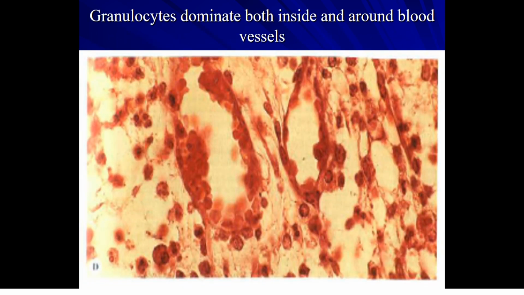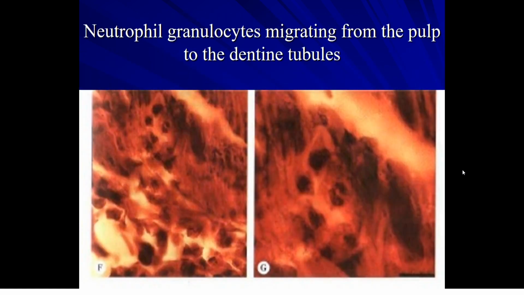Granulocytes dominate both inside and around blood vessels. You see the neutrophil granulocytes; they migrated from the pulp to the dentin tubules.